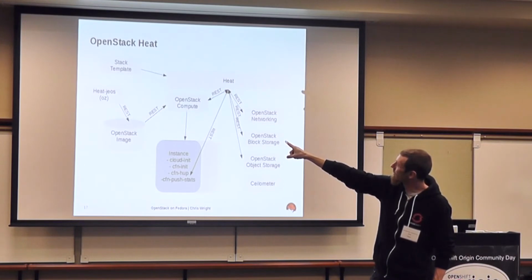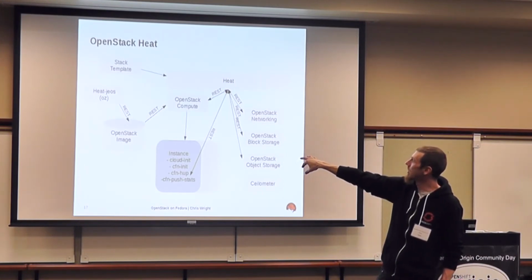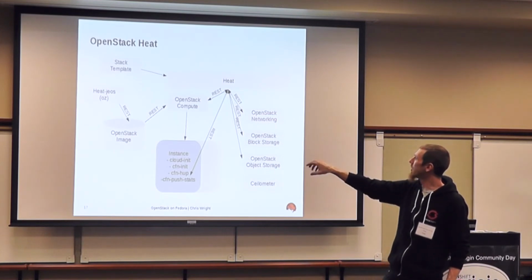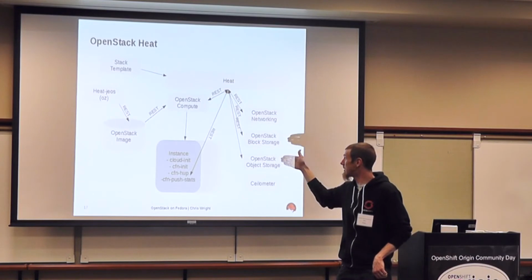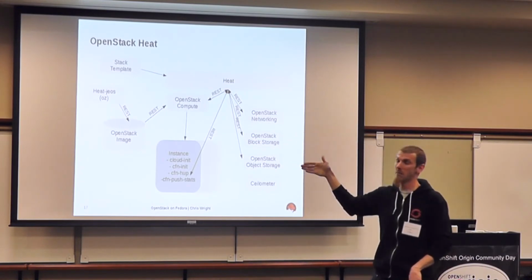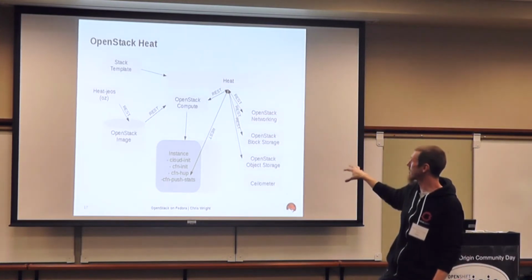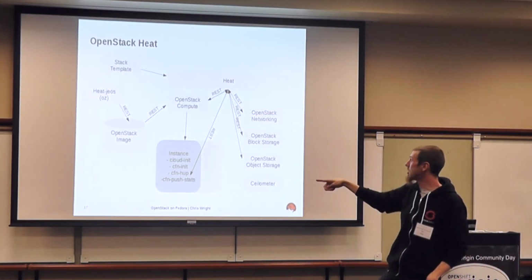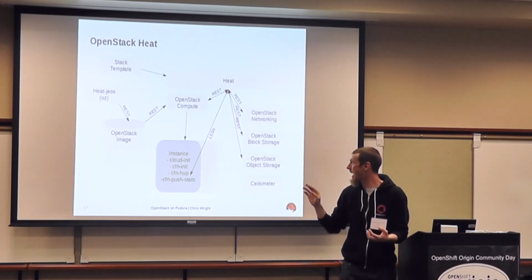On the far left side, you can pre-populate the images with an image builder that's going to place some Heat agents inside an image. And then this is Heat talking to all the different services as the image is booting up, and you can see these CFN tools, init, hub, push stats.